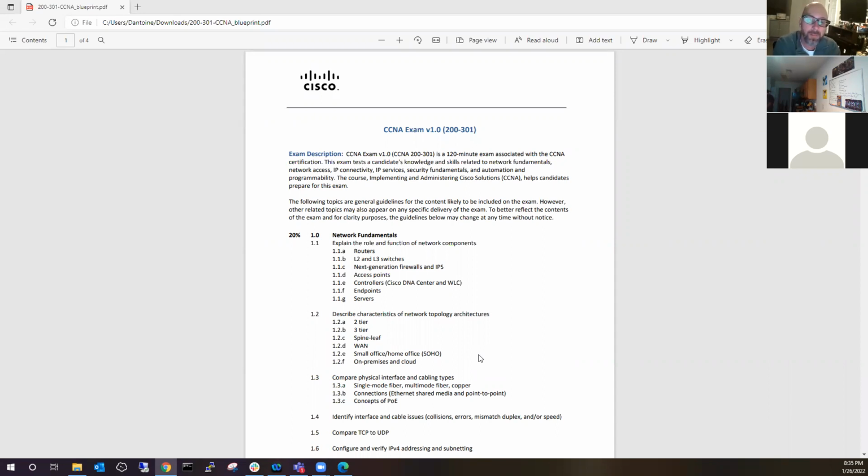So let's go with the three-tier model. What are some of the characteristics that you're going to see in the access layer in the three-tier model? Oh, you mean like port security, maybe?